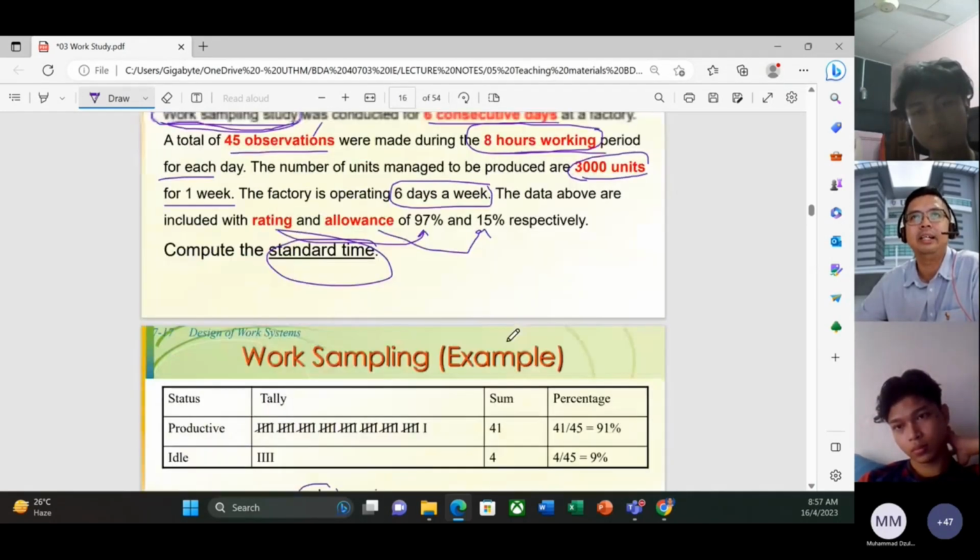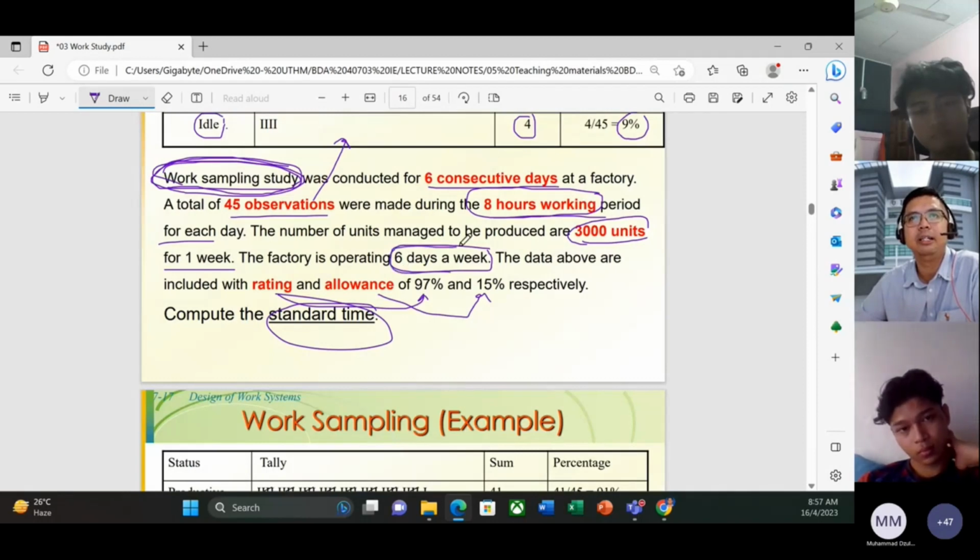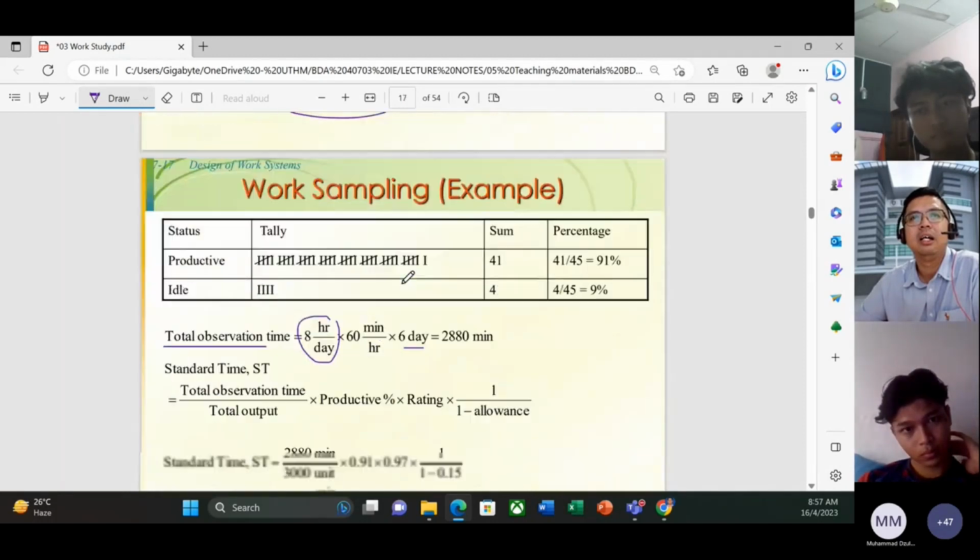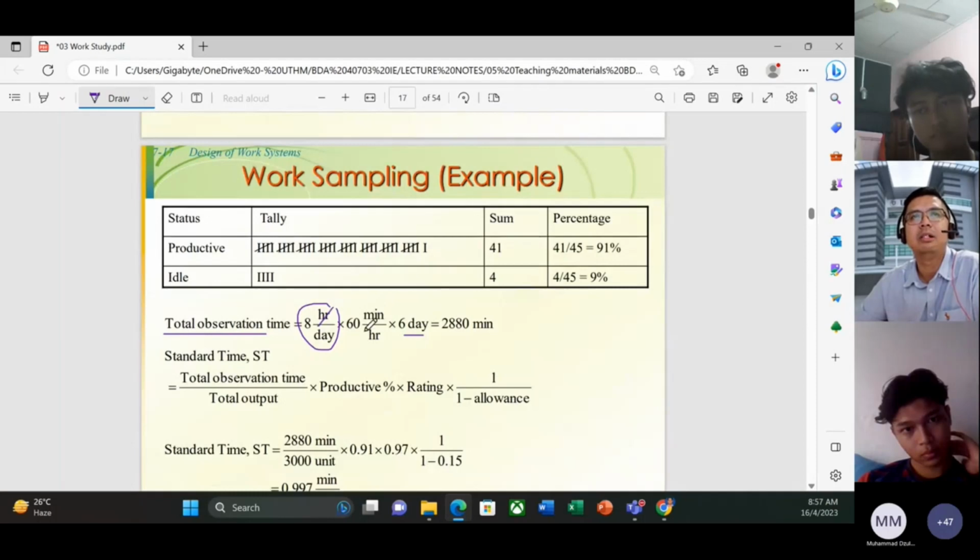How do we get 6 days? 6 days a week. So we cross out hour and hour, and day and day, so the unit left is only minutes. So we will get 2,880 minutes. This is our total observation time.